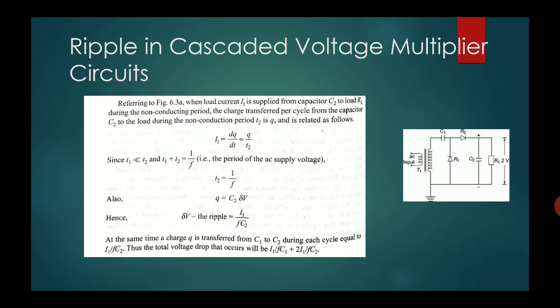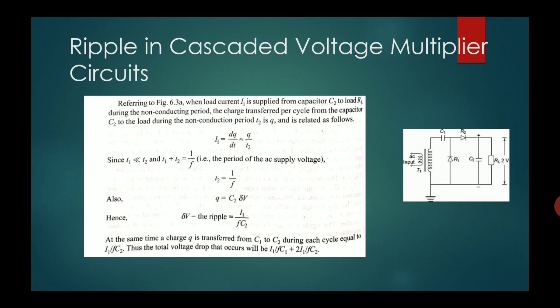What it means is that during the negative half of the cycle, when C2 is charging RL, let that charging time be T2, and the total charge being transferred is Q. So the current is dQ by dt, nothing but Q by T2.